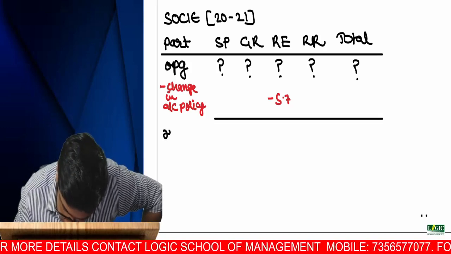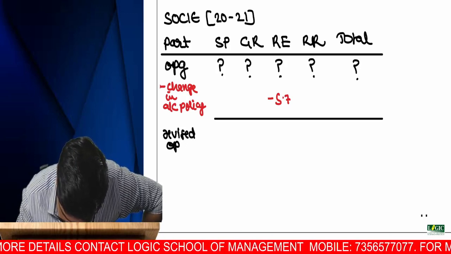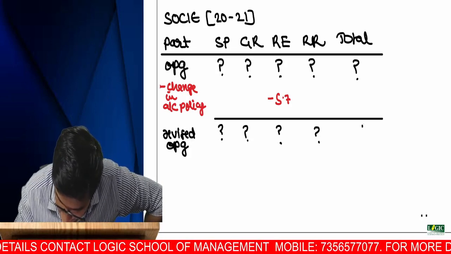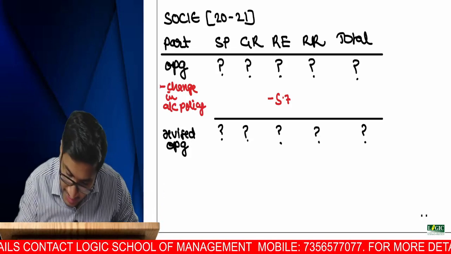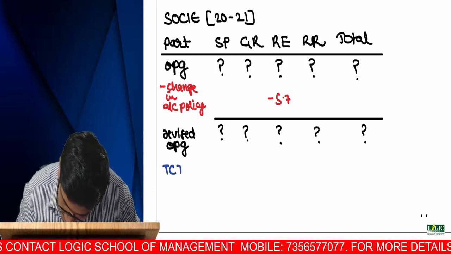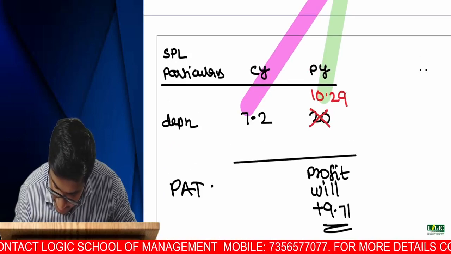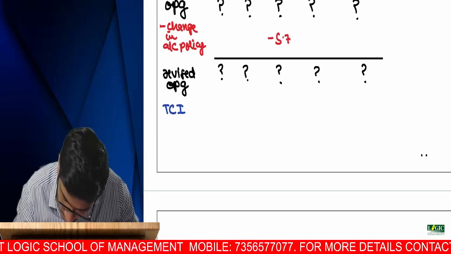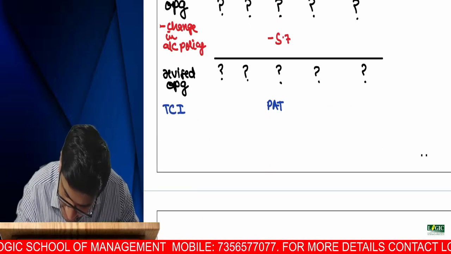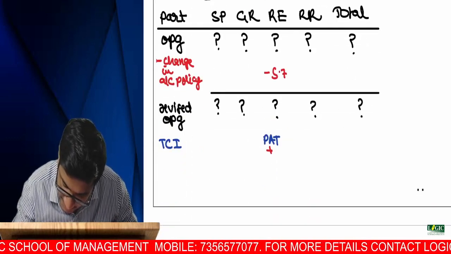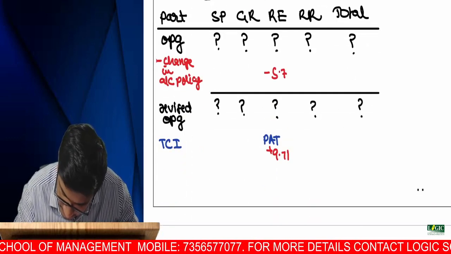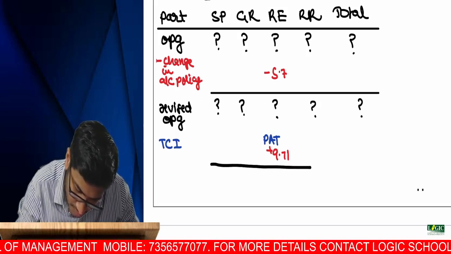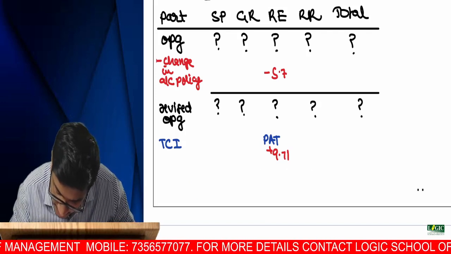So I'll get revised opening. Whatever, I'll get my revised opening. Then I have to write a total comprehensive income. What is the total comprehensive income? Whatever is your old profit, I don't know, old PAT plus that profit has increased by how much? I'm just writing that same figures, 9.71, isn't it? And I'll be able to get my closing figures.